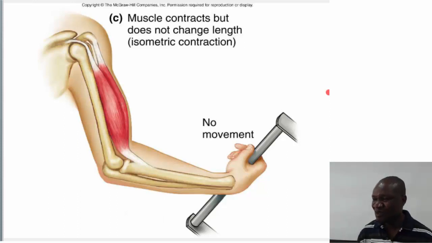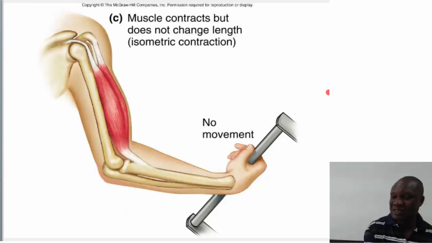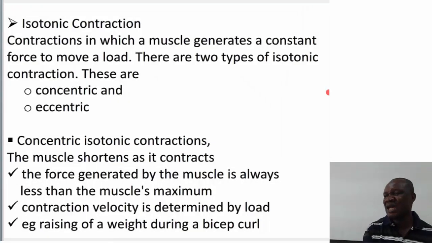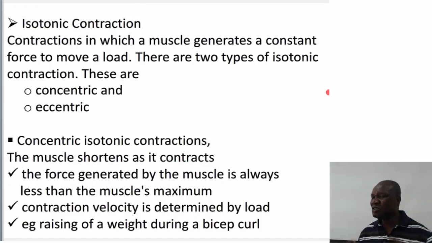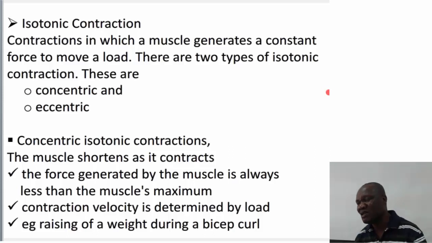Good. Now the next one is isotonic contraction. In isotonic contraction, the muscle generates a constant force to move a load. And there are two types of isotonic contraction: concentric and eccentric.